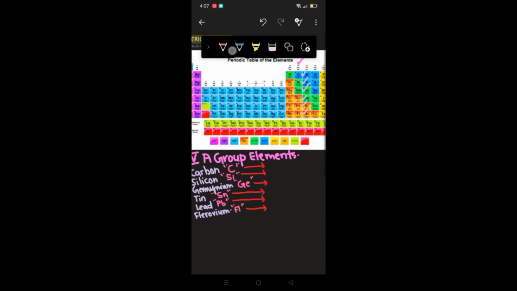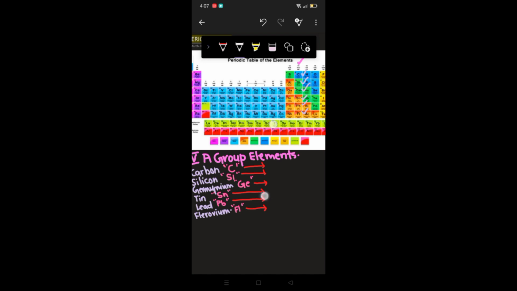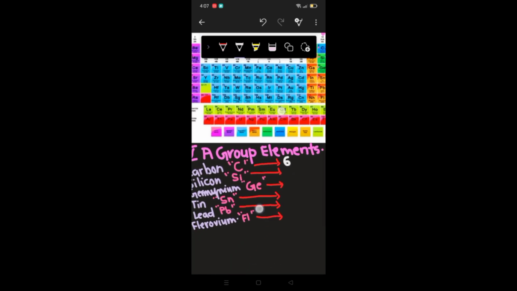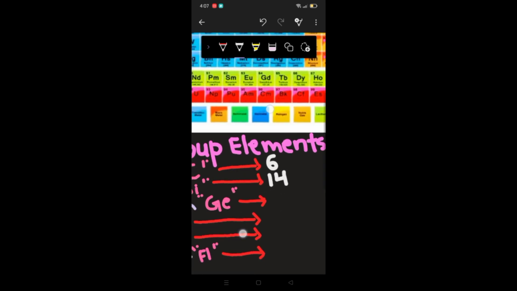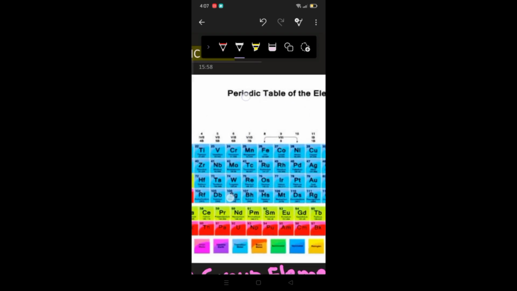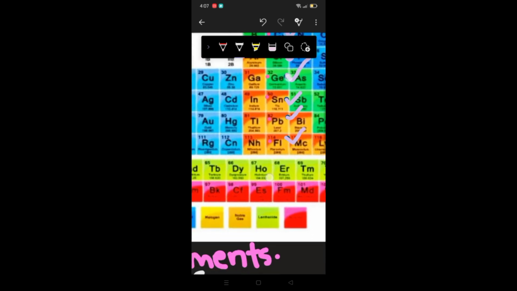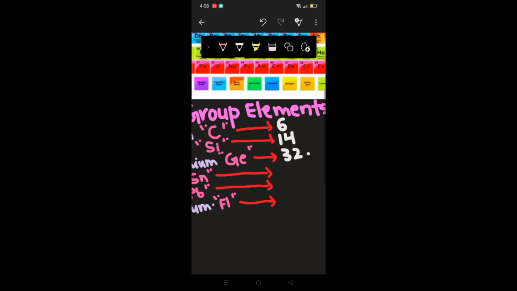Carbon has atomic number 6. Silicon has atomic number 14. Germanium has atomic number 32. Then we have tin, and tin has atomic number 50.